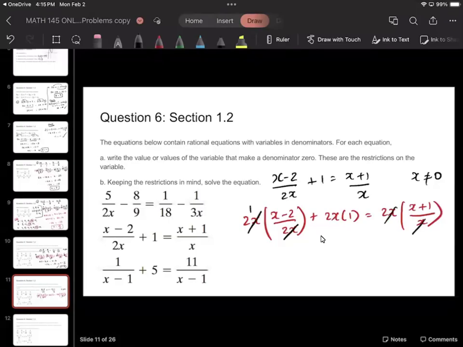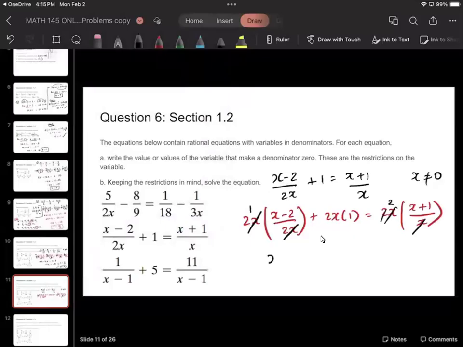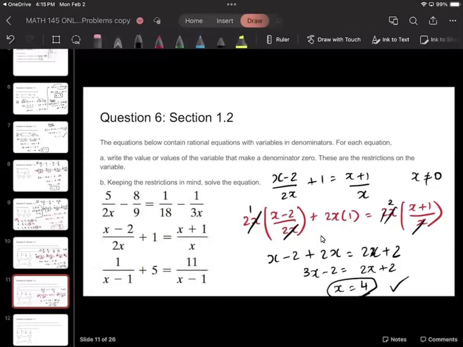This x and x goes away, leaving me with a 2. So then I distribute. So I have x minus 2 plus 2x equals 2x plus 2. So I have 3x minus 2 is 2x plus 2, which means x equals 4. And that's my answer, and it does not interfere with 0, so that's my answer.